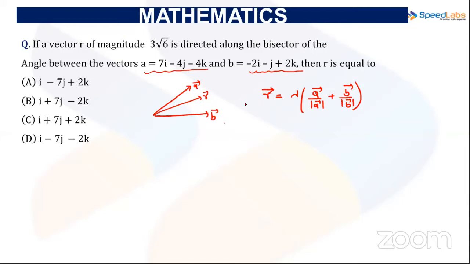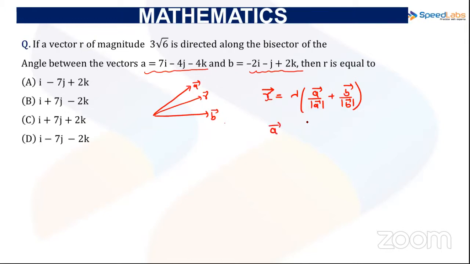I can write r vector in terms of a and b, because r is directed along the angle bisector of a and b.